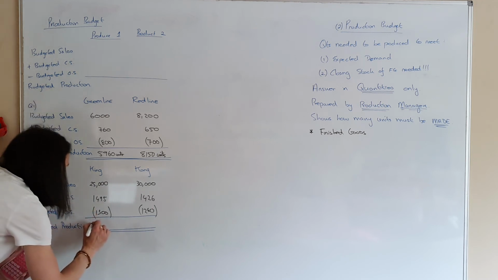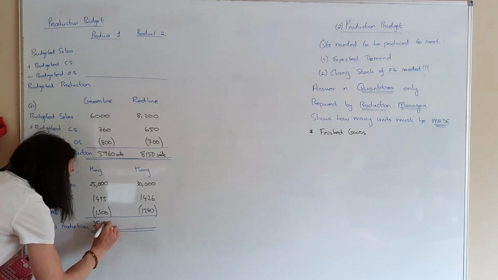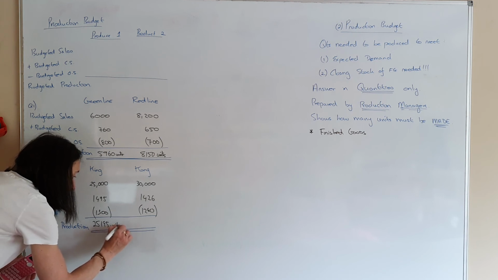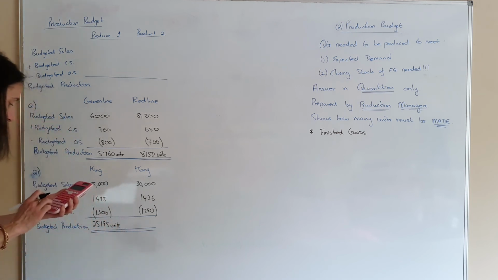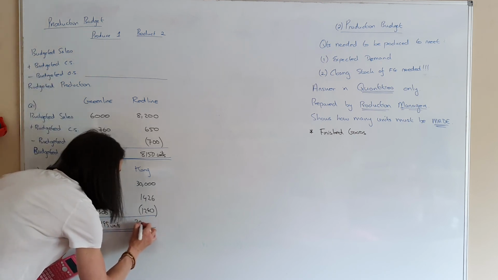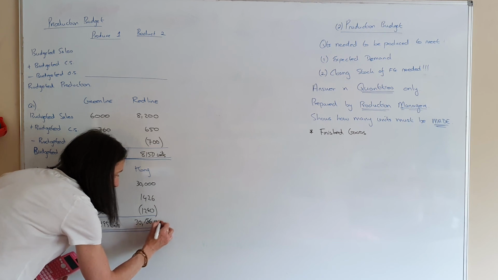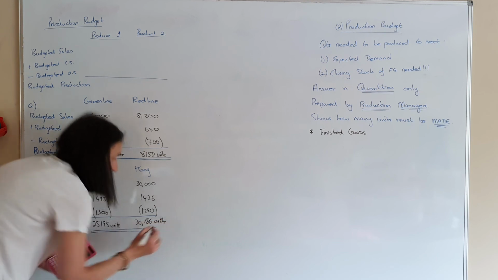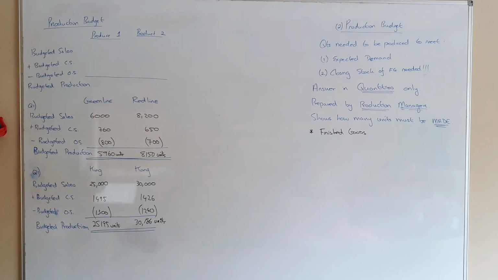So that's 25,195 units that you want to make, and here you want to make 30,186 units. Now, I just want you to be careful with this, okay? The first two budgets are looking at the products, the products that you're making, how much you want to sell and how much you need to make.